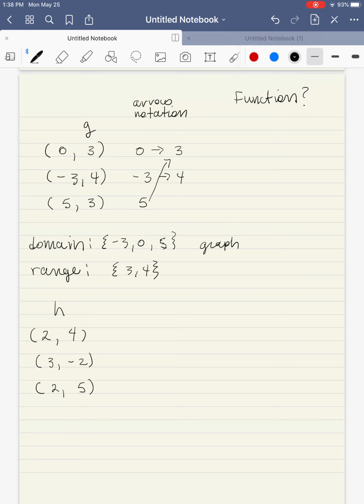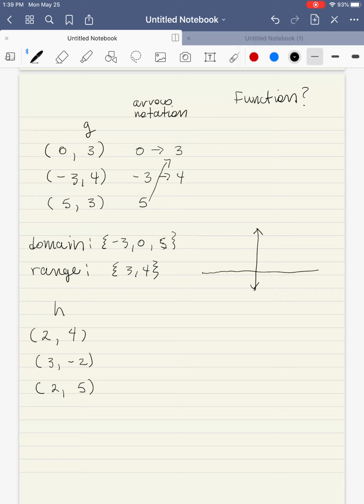So if I graph that, I didn't really leave myself enough room to graph it here, so I'll squeeze that in. If I graph that, all right, so I have 0, 3.